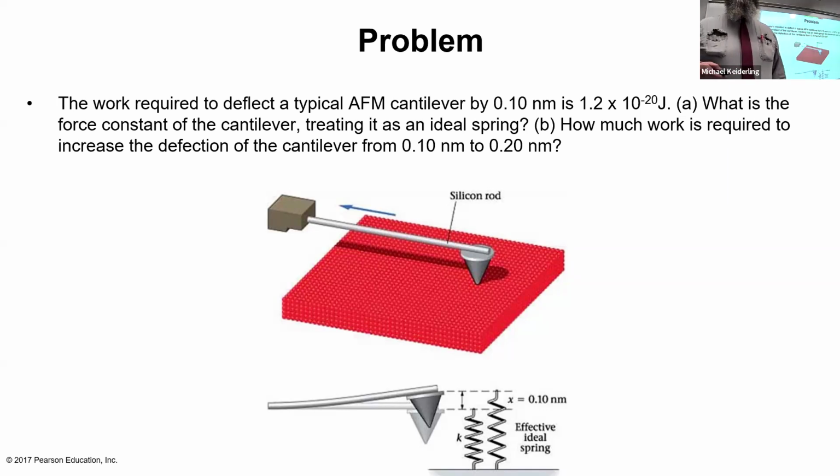You basically run a needle over the surface. You just have to make a really sharp point. What is the force constant of the cantilever, treating it as an ideal spring? And how much work is required to increase the deflection of the cantilever from 0.1 nanometers to 0.2 nanometers?